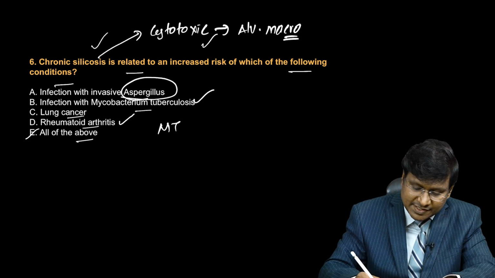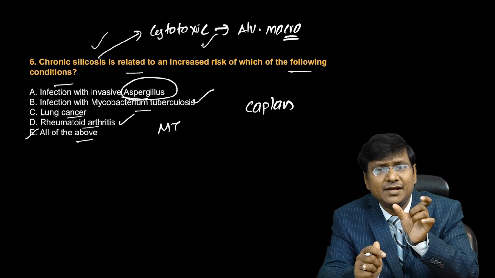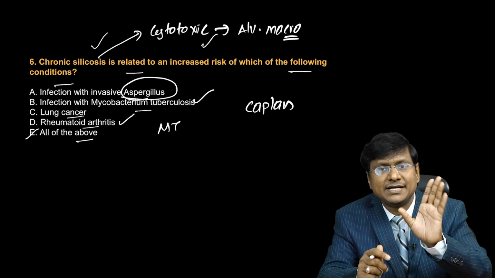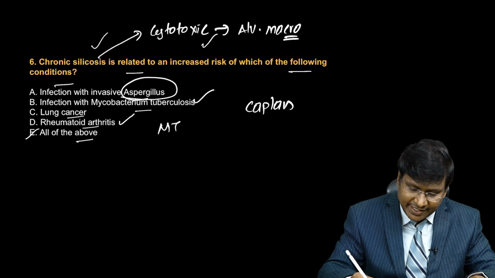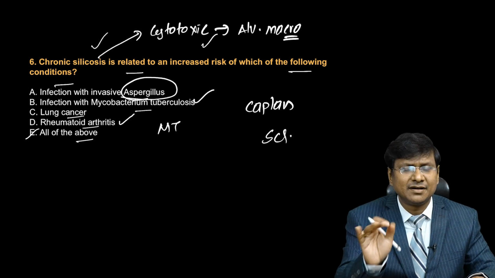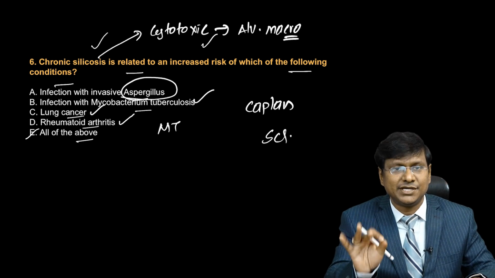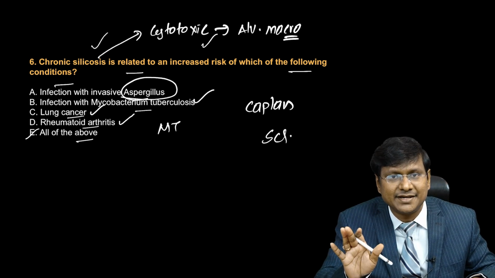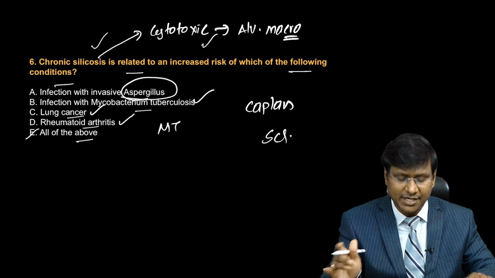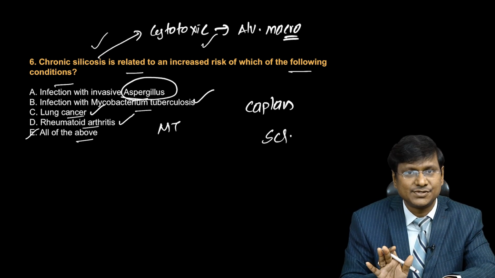So silicosis is associated with Caplan syndrome, where there are rheumatoid nodules as well as rheumatoid arthritis, and they are also at increased risk of scleroderma, right? And please remember, silica is listed as a probable lung carcinogen. That is the reason why these individuals are at increased risk of malignancy as well. So the answer is all of these are associated with chronic silicosis.